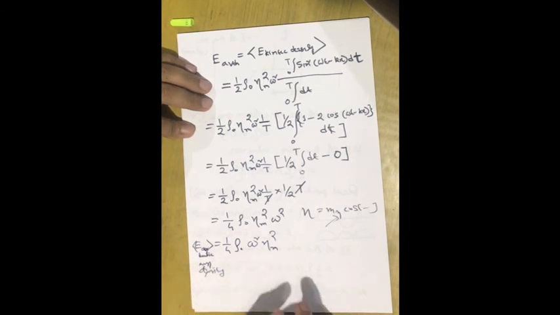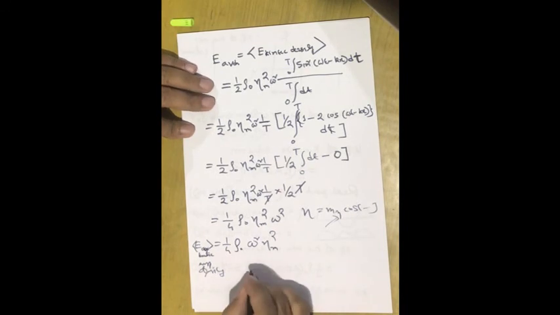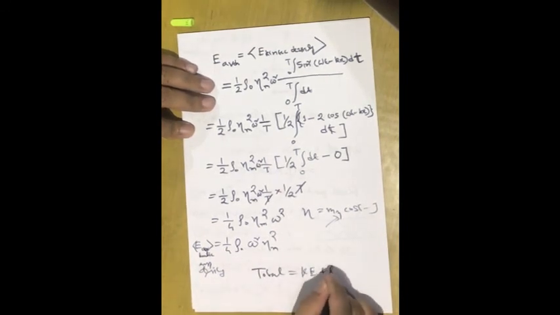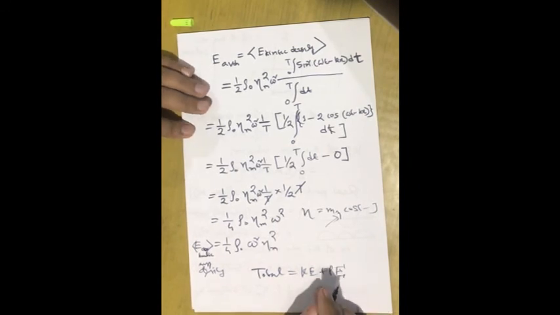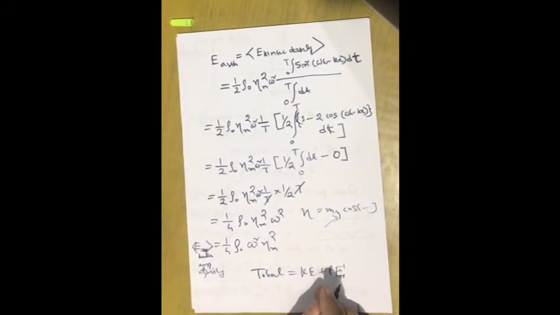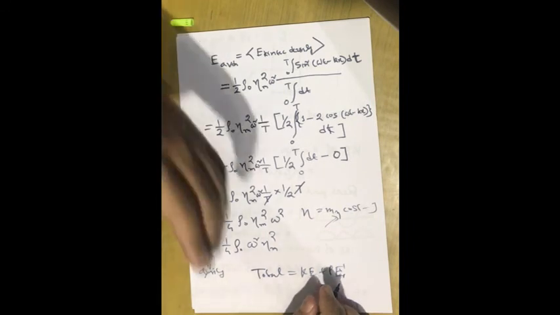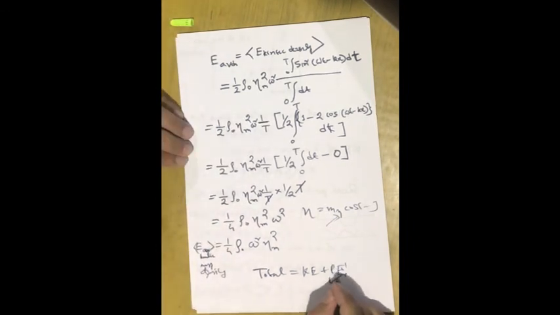In the next part I am going to determine the value of the potential energy, and the total energy is the sum of the kinetic energy plus the potential energy. So in the next part I will determine the potential energy of the air column as the sound wave propagates through it. See you in the next part.